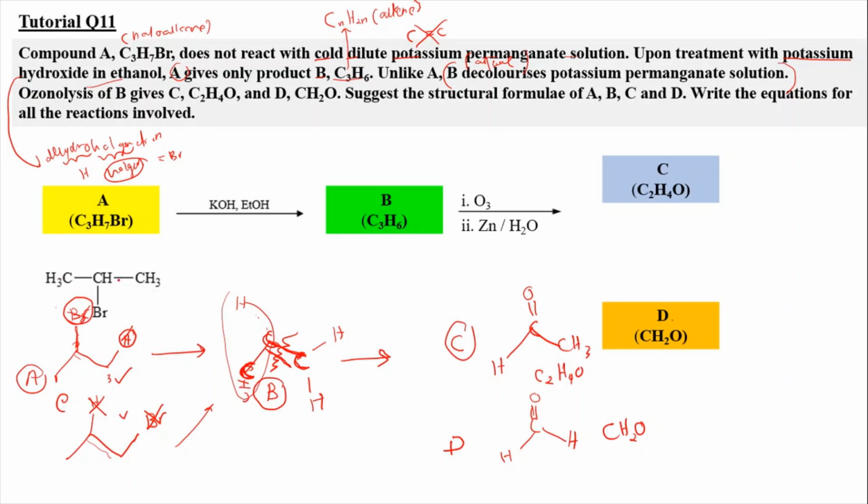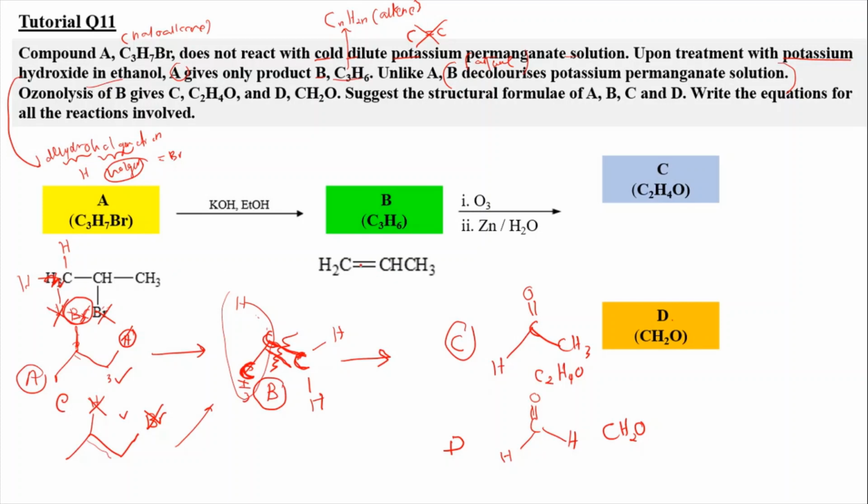And when you remove Br and remove one of the hydrogens on either side, you will get an alkene. For example, I remove one of the hydrogens here. Let's see if I expand H, H and H. H will be removed, Br is going to be removed, and a double bond is going to be formed here.